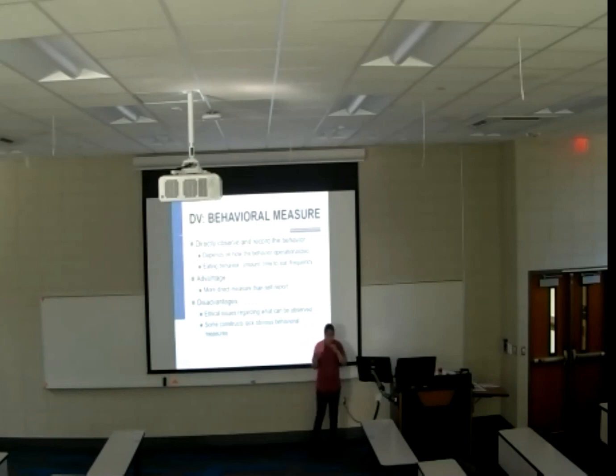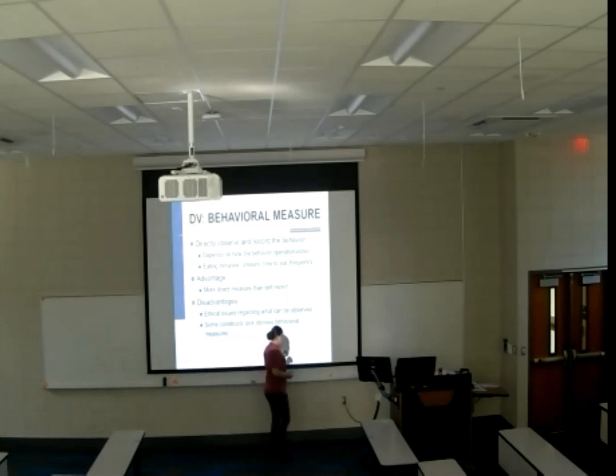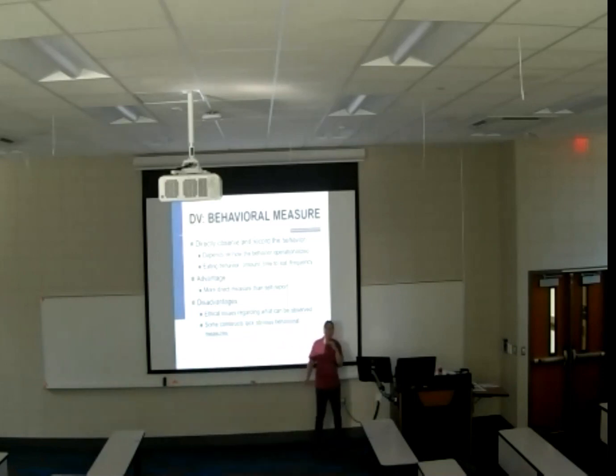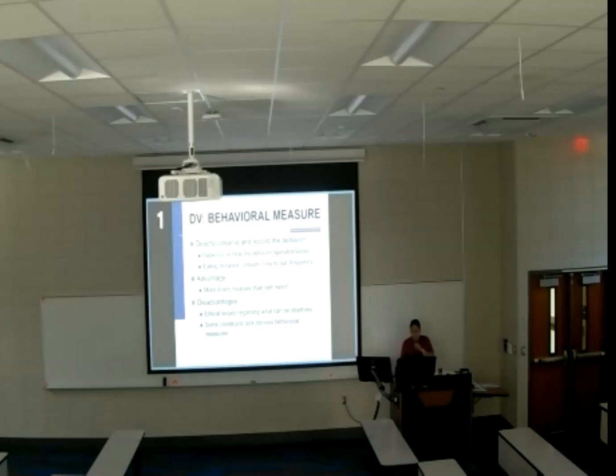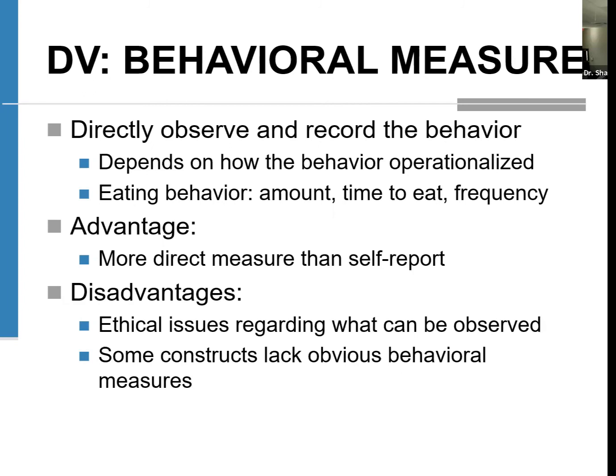There's measurements for blood pressure. There's measurements for your heart rate. I can literally count how many times you fall asleep in class. So these are behaviors that I can actually record. But there are two things that we need to think about when considering that direct observation. First and foremost, if you recall from earlier, we need to define that behavior, right? That variable.